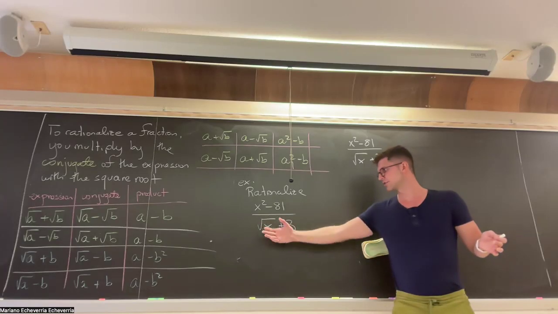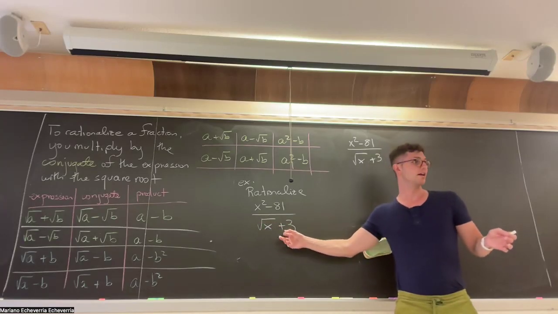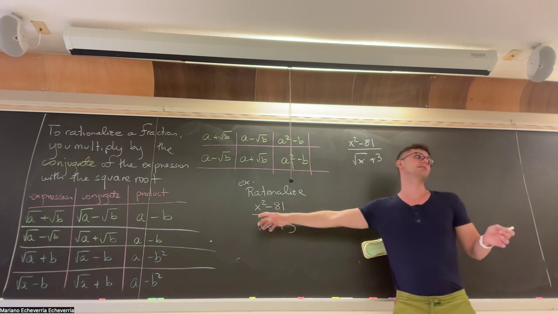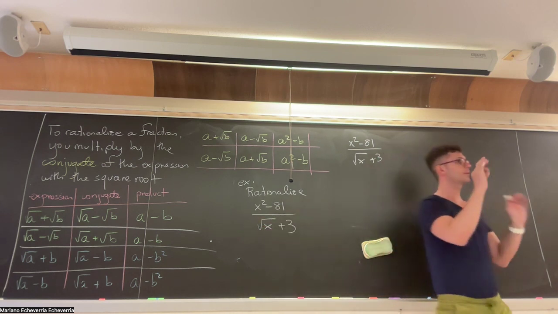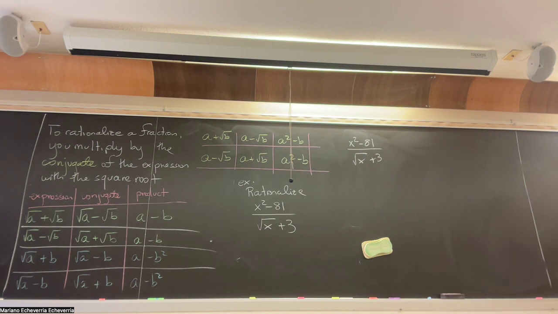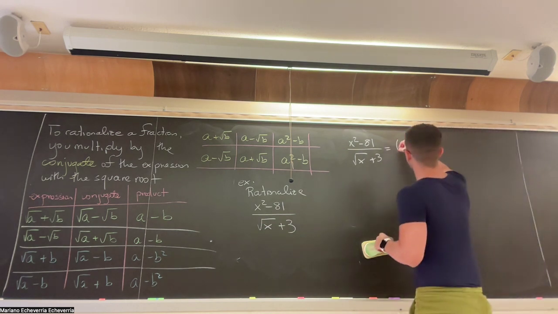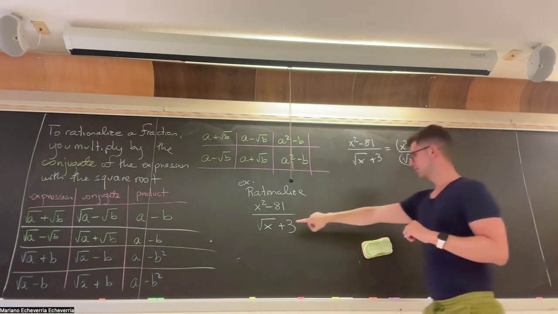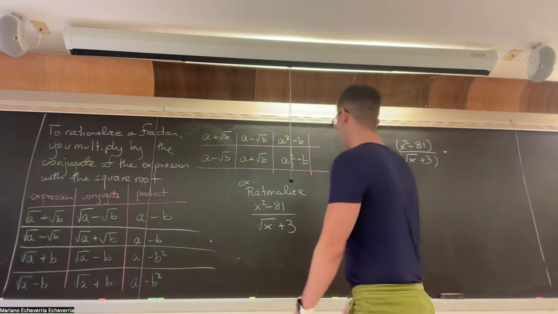If the term is root of x plus 3, flipping the sign just means turning this plus into a minus. So you multiply and divide by the same thing, but with the minus sign instead: x squared minus 81 over root of x plus 3, multiplied and divided by this version with the sign flip.